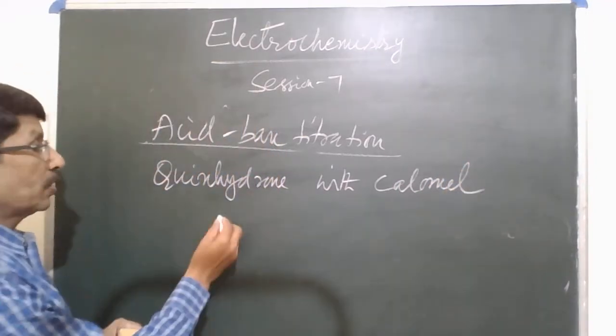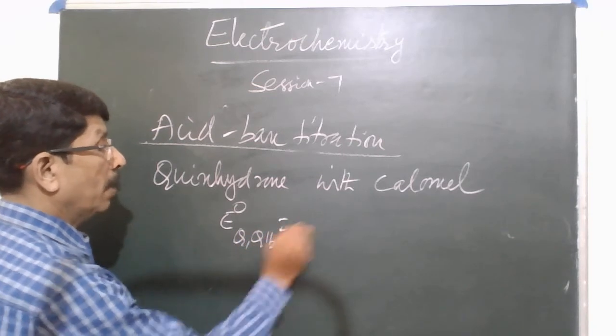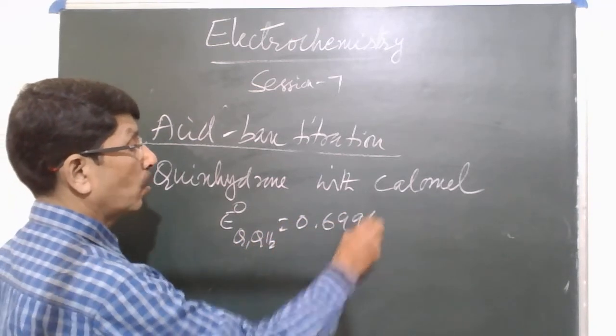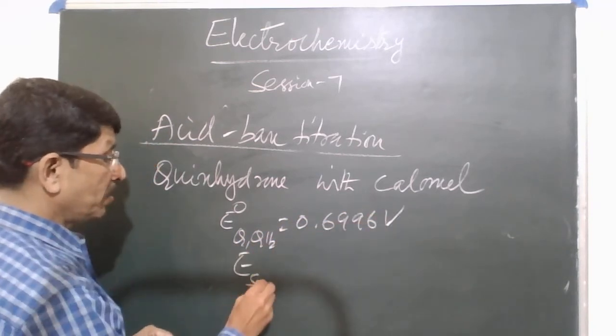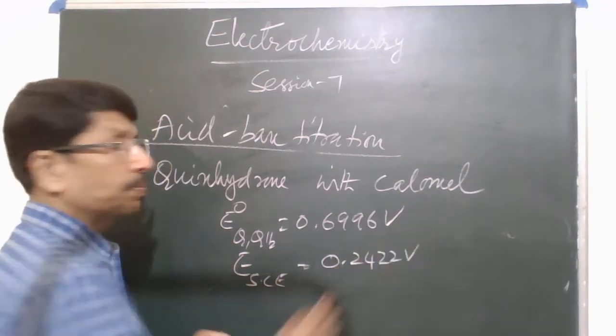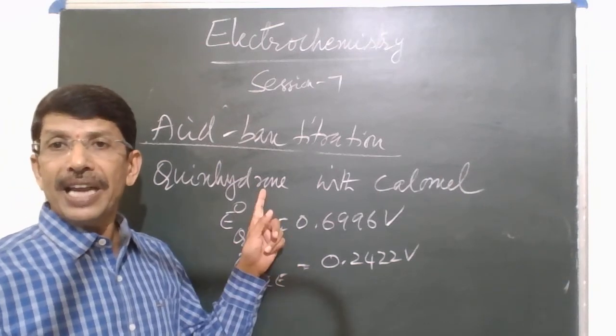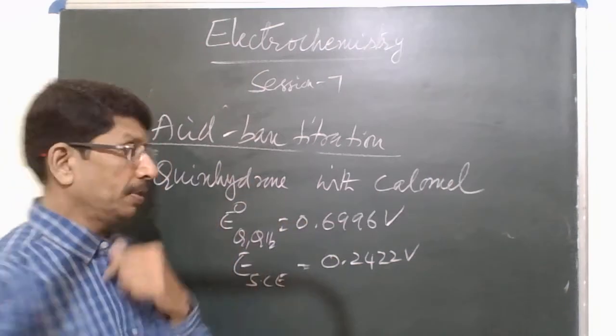E naught of quinhydrone is 0.6996 volts, whereas E of the saturated calomel electrode is 0.2422 volts. When we combine the quinhydrone electrode with the calomel electrode, the quinhydrone electrode functions as the cathode, right?